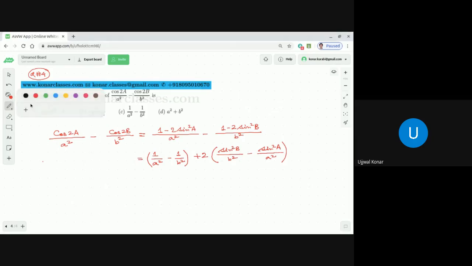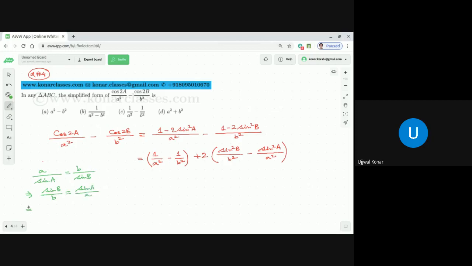Now, what we know? Let me use a different color here. We know a by sine A is equal to b by sine B. That implies we can write sine B by b is equal to sine A by a.